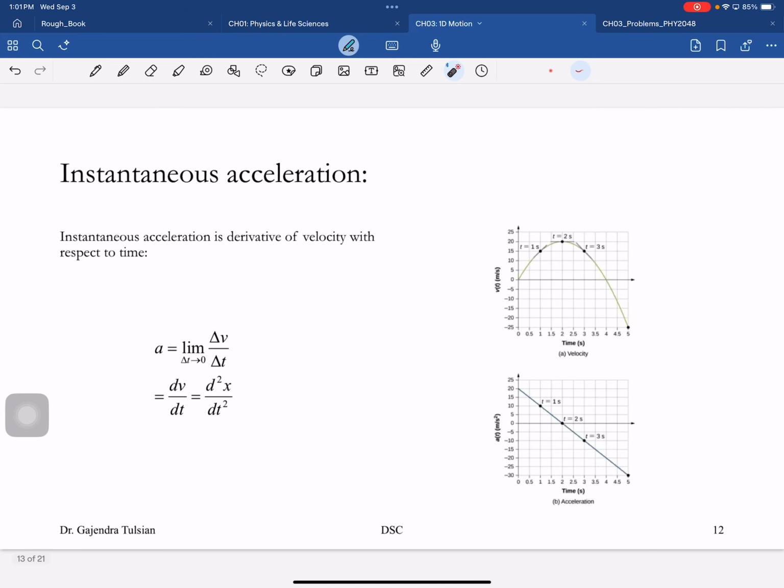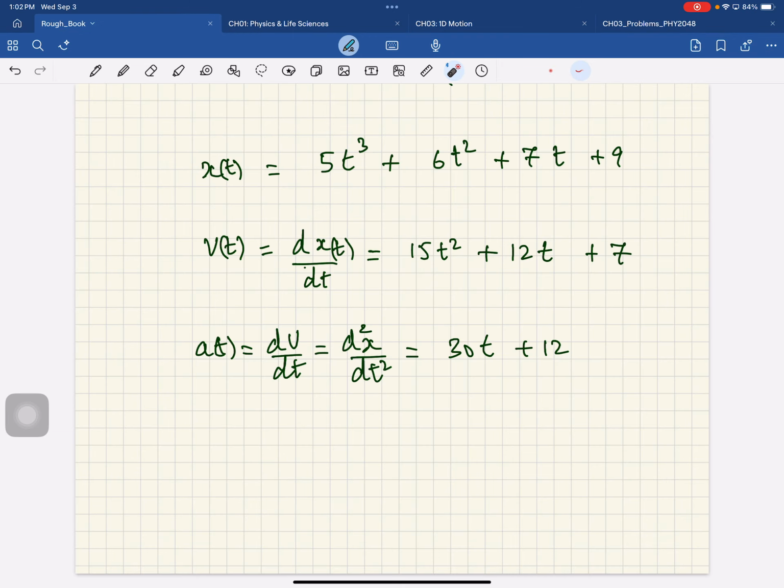Here's velocity as a function of time. This is a parabola, so velocity is a quadratic function of time, and the acceleration is a linear function of time.